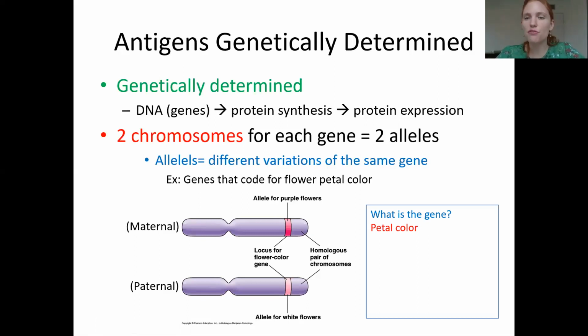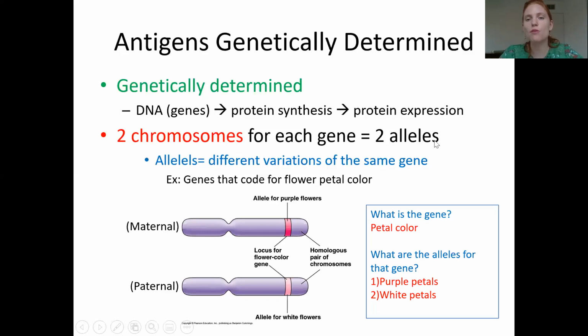Now, there's different variations of that petal color. So there's different alleles. What would be the two alleles that I mentioned? You have an allele that codes for purple petals, and then you have an allele that codes for white petals. So both of them are for the gene petal color, but they're different variations of the same gene, so they are different alleles.